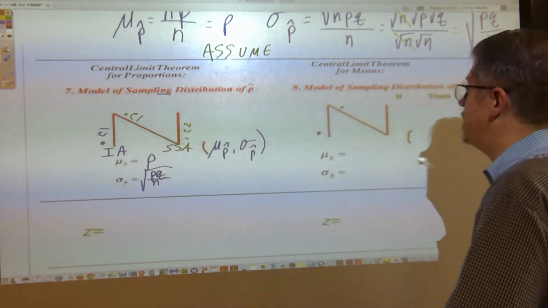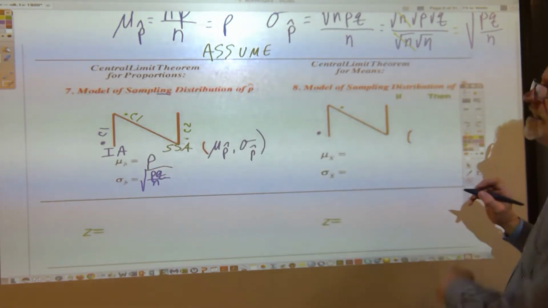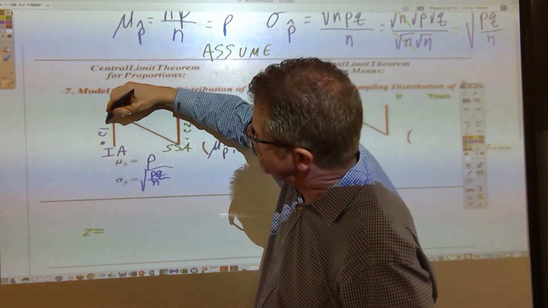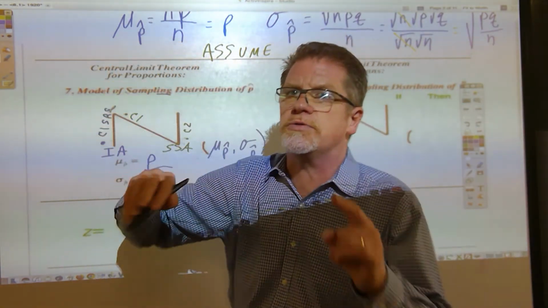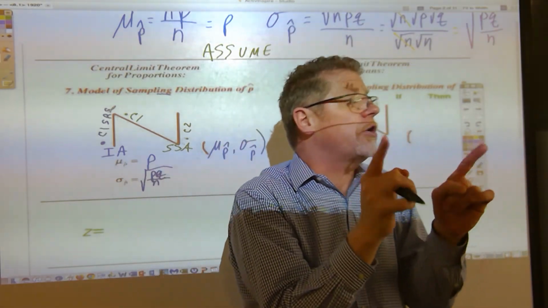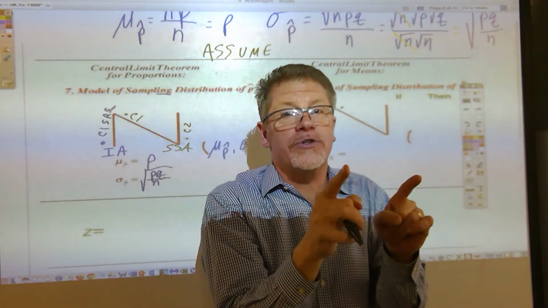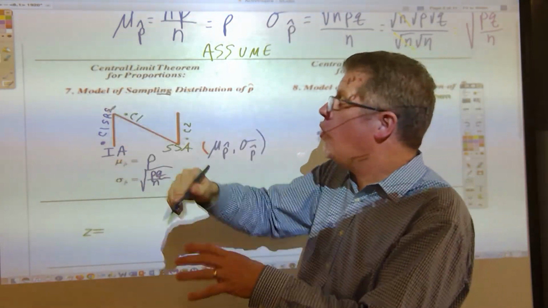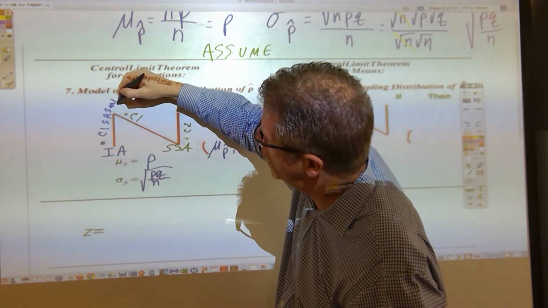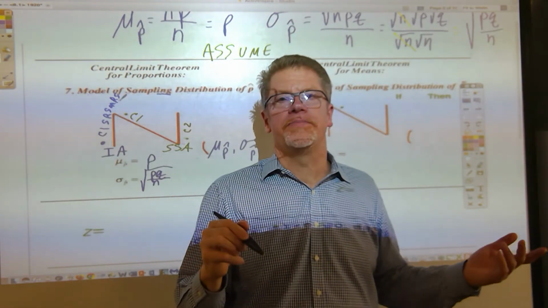Now, condition 1: in order to be justified in making the independence assumption, you need to have either an SRS, a simple random sample, like those 10 people who you asked, are you going to vote for Trump, yes or no, or an RS, a representative sample.